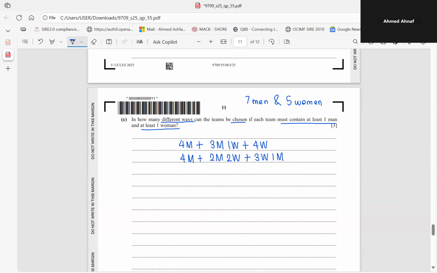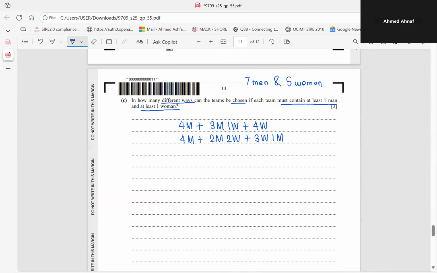Okay, let's see if there's any more. I can't really see any more. So these are the only ways that don't satisfy the criteria.